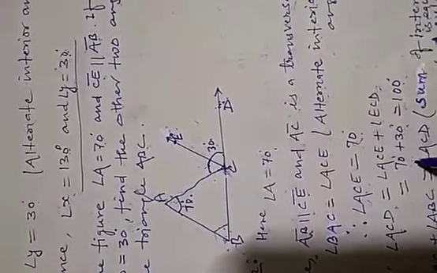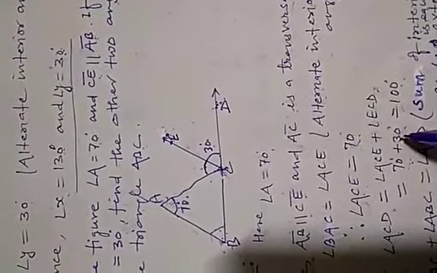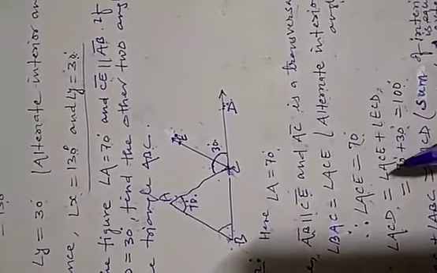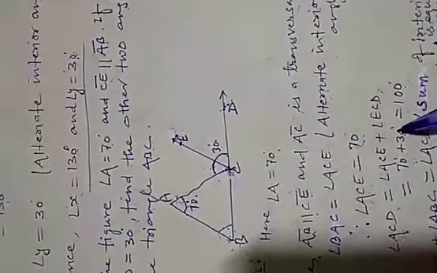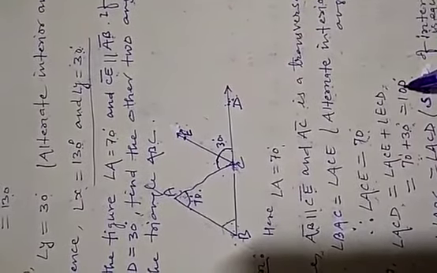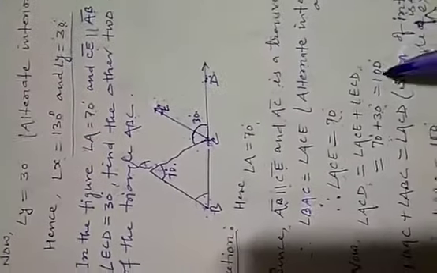ACE is equal 70 degree and angle ECD is equal 30 degree. Therefore, 70 plus 30 degree is equal 100 degree. Angle ACD is equal 100 degree.